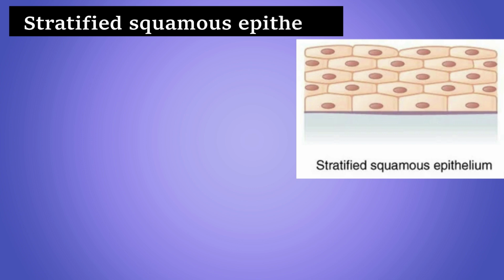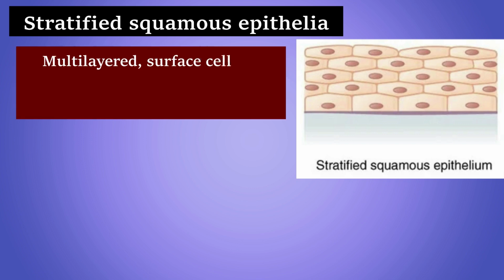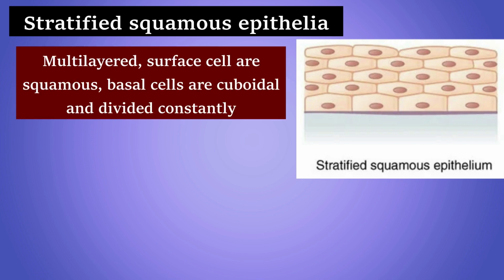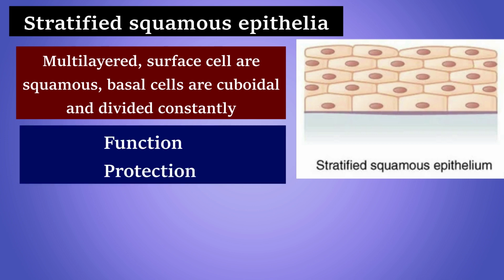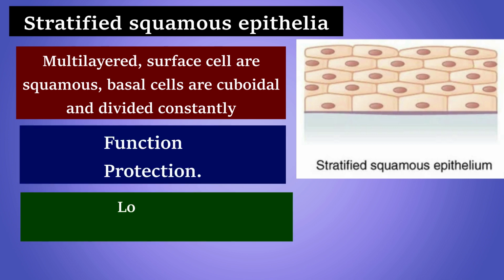Stratified squamous epithelia. Multilayered. Surface cells are squamous, basal cells are cuboidal and divide constantly. Function: protection. Location: oral cavity, cervix, anal canal.